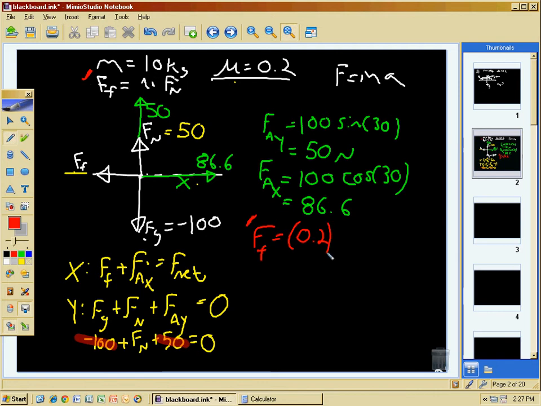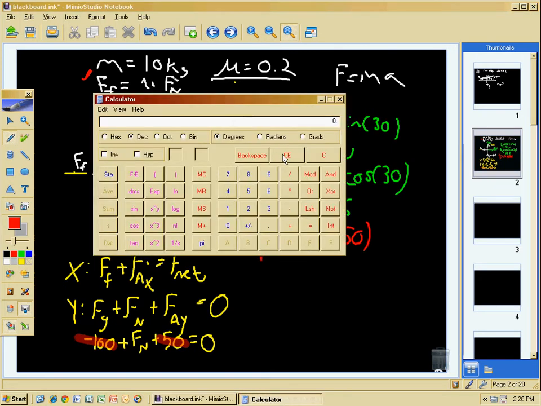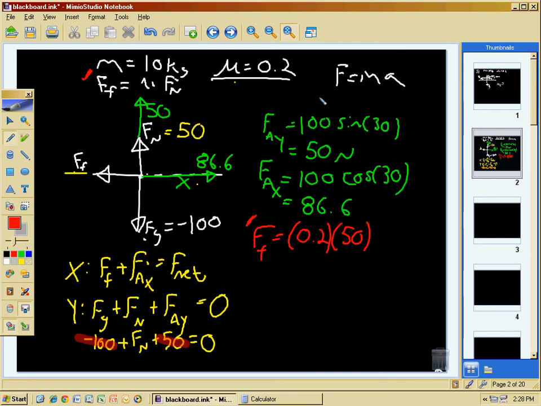So mu is 0.2. We know the normal force is 50, which means, I think that works out to be 10, but I want to make sure. 0.2 times 50. Yeah, okay, so that's 10. Now remember, this is not going to give you the direction. So because friction is to the left, friction is negative, negative 10 newtons.